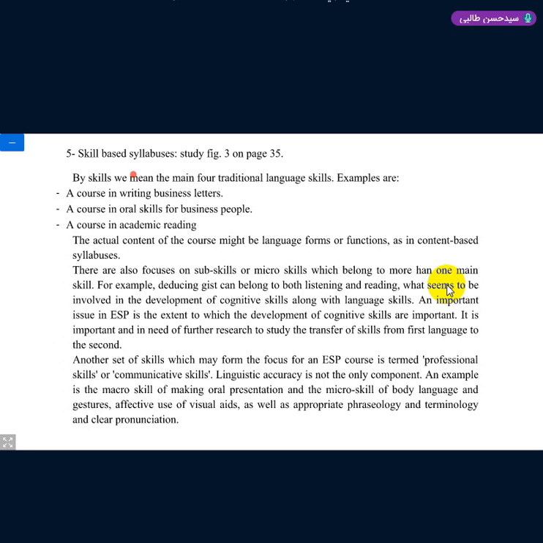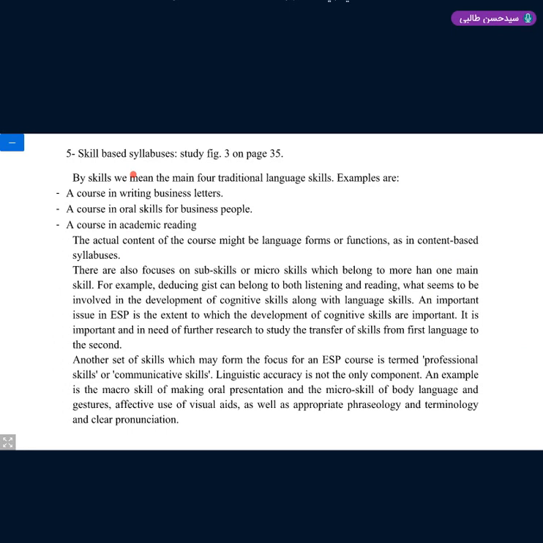Another type of syllabus in product-based syllabuses, category A syllabuses, is skills-based or skills centered. So it is not a skill, it is a skills centered course design or syllabus design. Actually, here by skills, we don't mean reading or writing or speaking and listening, but we mean learning skills or strategies.